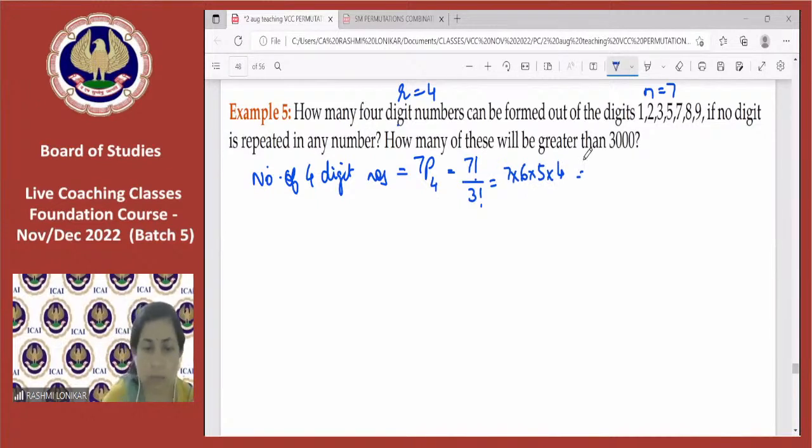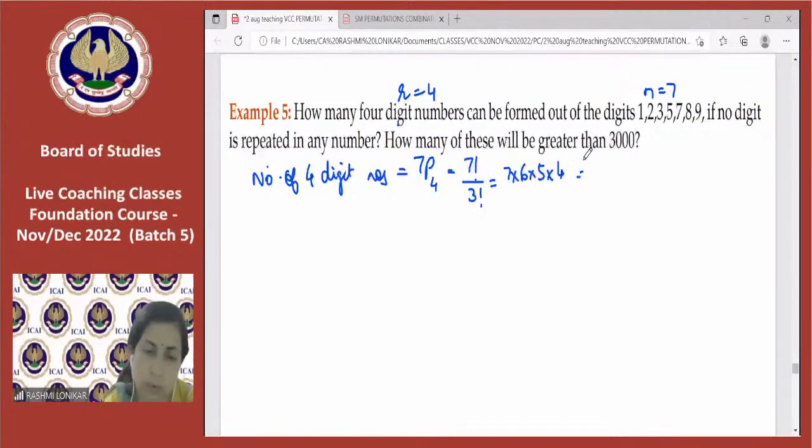So how much is this? 5 4s are 20, 20 6s are 120, 120 into 7 is 840. Okay. So there are 840 numbers that you can form with the given digits 1, 2, 3, 5, 7, 8, 9. Now they want which of them are greater than 3000.